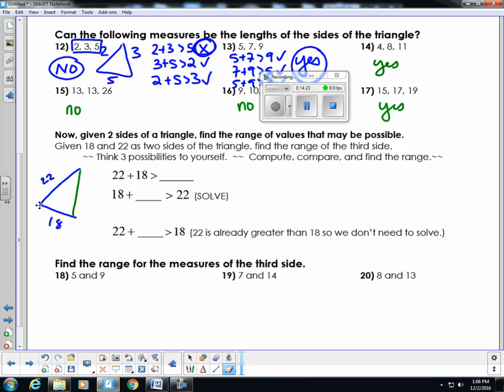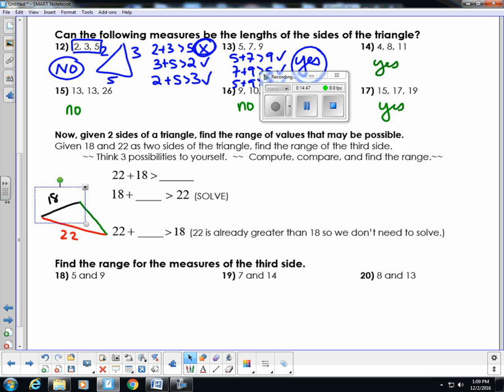I'm going to redraw this with different colors so I can do this animation for you. Let's say that's 22. That's 18. Now, the green side here, which is the side we're going to find a range of lengths for, could be that long.